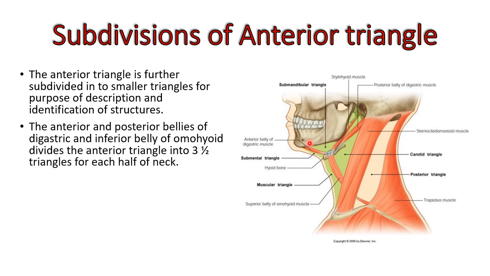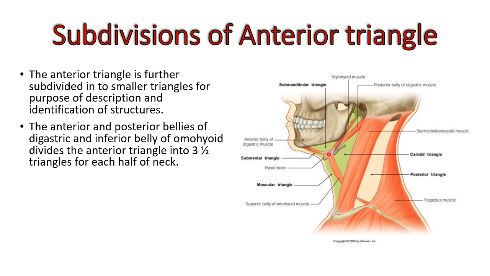The digastric muscle and the superior belly of omohyoid divide the large anterior triangle into 3.5 triangles, to be precise.